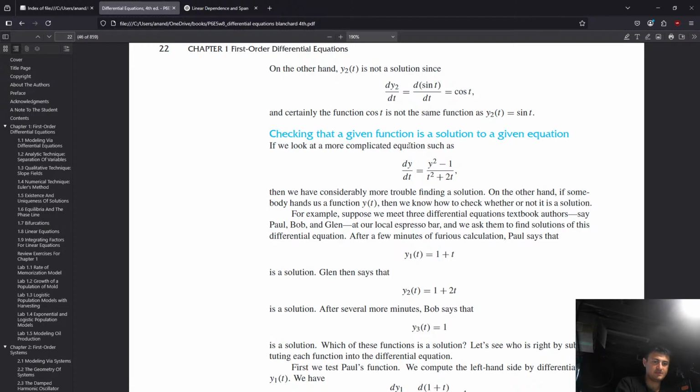in dy/dt equals y squared minus 1 over t squared plus 2t. If we plug in for y of t, we get 1 plus t squared minus 1 over t squared plus 2t. So this is t squared plus 2t plus 0 over t squared plus 2t, which gives us 1.